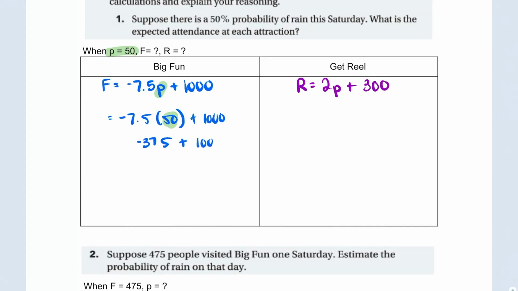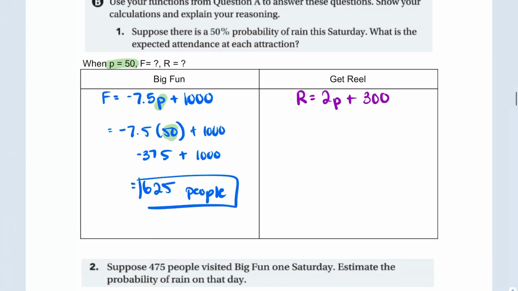Then I add 1,000. So it looks like the attendance when there's a 50% chance of rain is going to be 625 people. Okay, again, it's good to write in what this number represents. So not just 625, but 625 people. That would be the attendance if there's a 50% chance of rain.